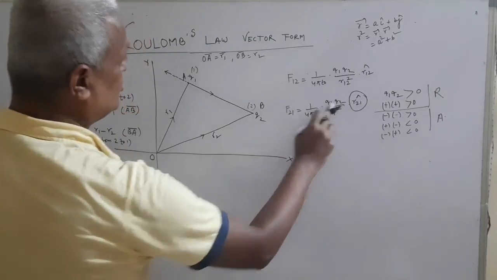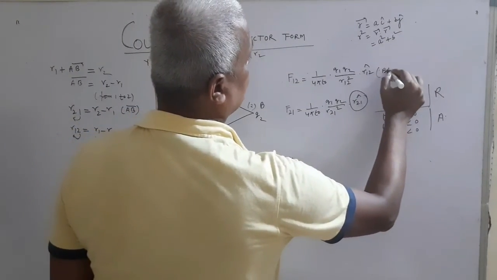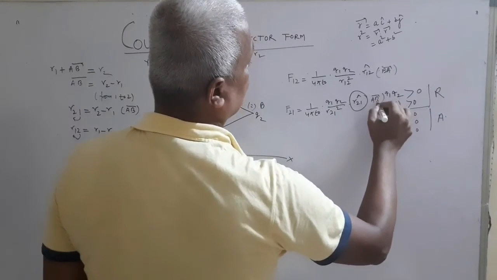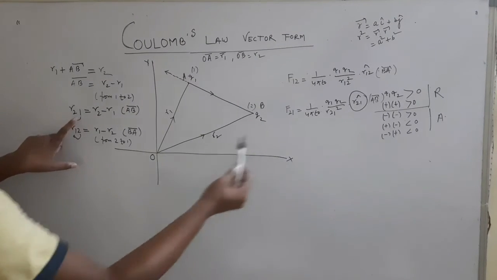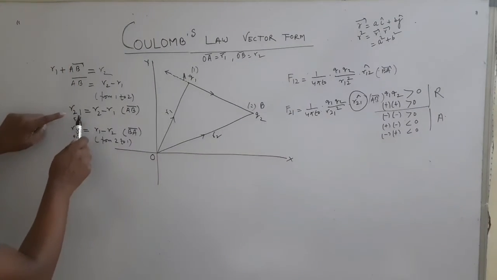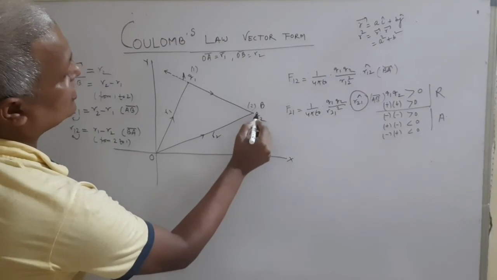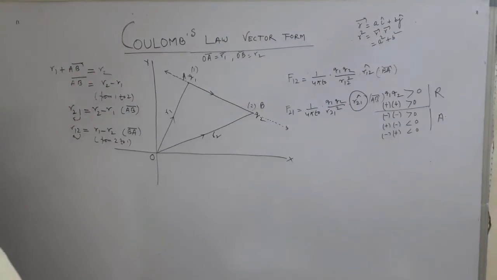You can also call this BA and this one AB. It just depends on how you feel, because here R21 means from 1 to 2. So this will also attract a force on this one in this direction.